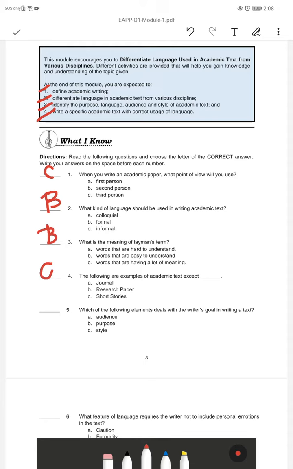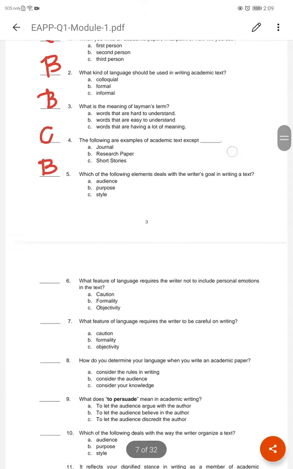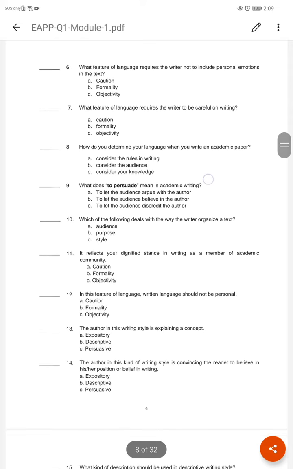Fifth item, which of the following elements deals with the writer's goal in writing a text? The answer is B. Purpose. Of course, the purpose will be the goal of the writer. Let's go to the next items, beginning with item 6.